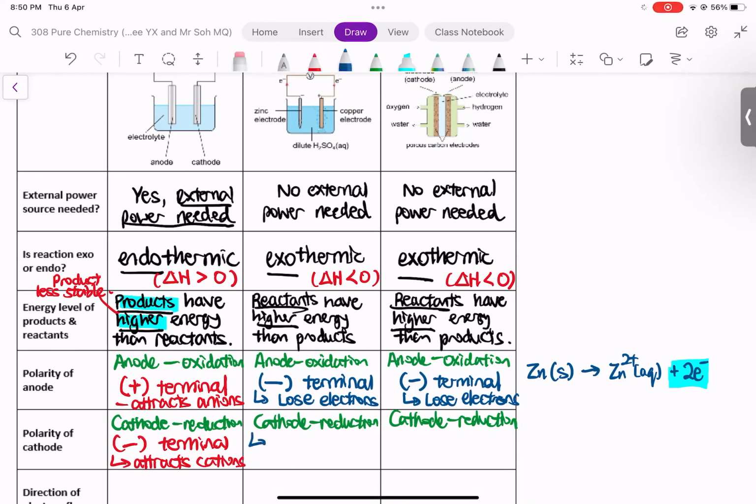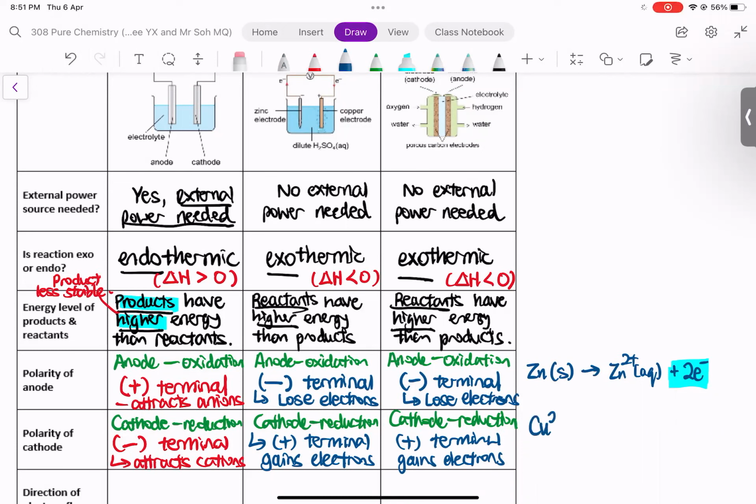But on the other hand, in the electric cells, the cathode is the positive electrode. You might be asking why. Because you must think, in an electric cell, you are not attracting cations, anions per se. What you are doing is you are thinking of how the electrons flow around your electric circuit.